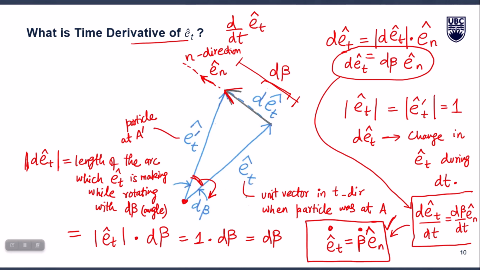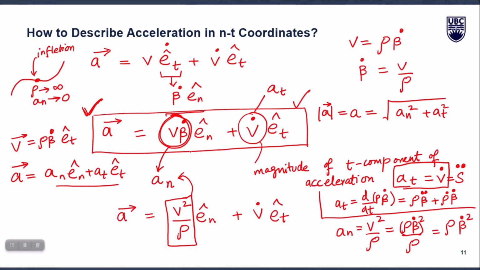When we introduce this expression back in the original acceleration equation, we exactly get both components of acceleration, because one term has the direction e sub n and the other has e sub t. So we can call the magnitude of the second term the magnitude of the tangential component of acceleration, and the magnitude of the first term the magnitude of the normal component of acceleration, right?